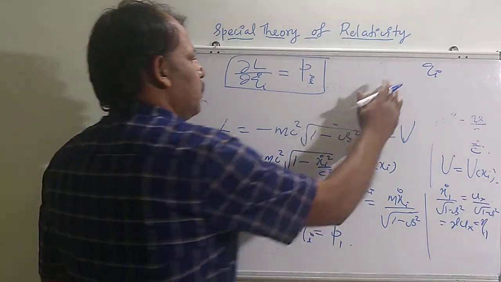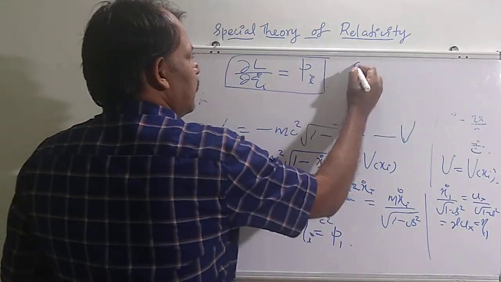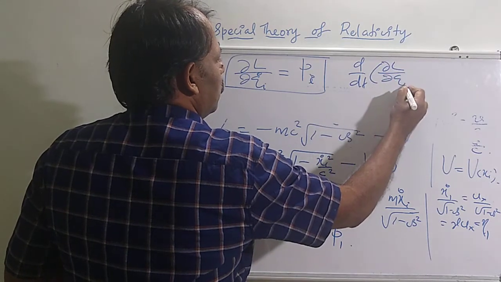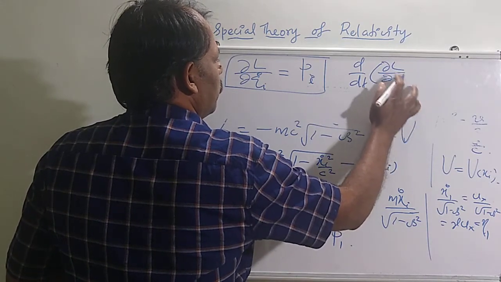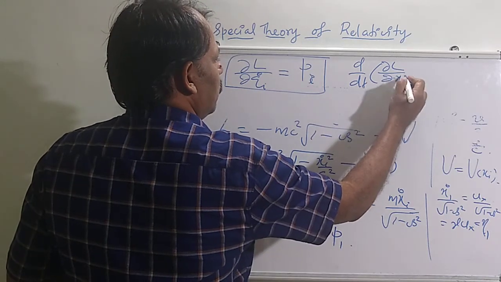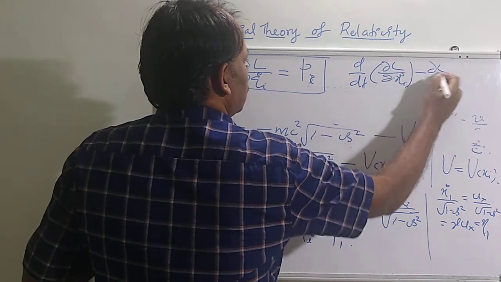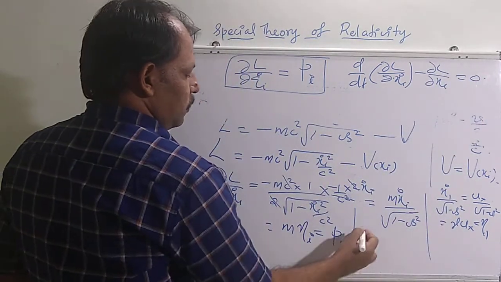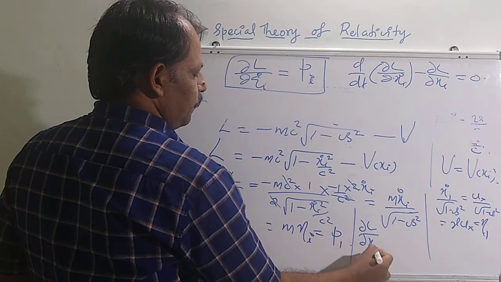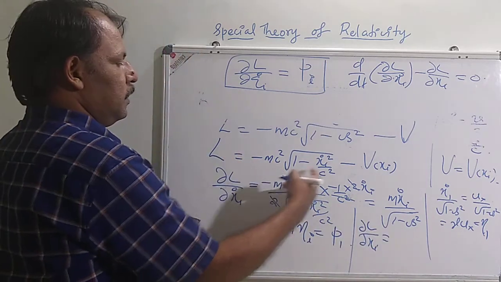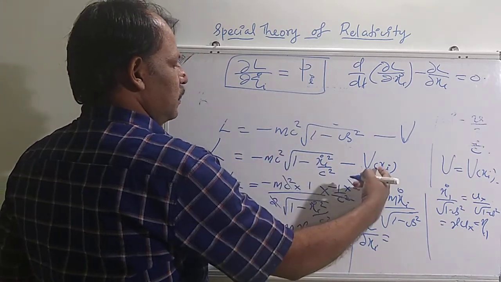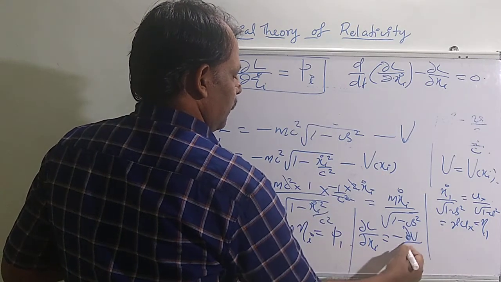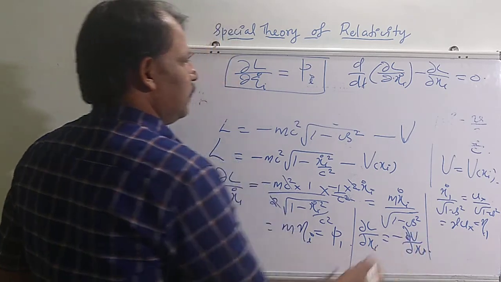Now the Lagrange equation of motion is d by dt of dou L by dou qi dot, here it is dou L by dou xi dot, minus dou L by dou xi equal to 0. Now what is dou L by dou xi? The kinetic term is a function of xi dot and V is a function of xi, so it is minus dou V by dou xi.